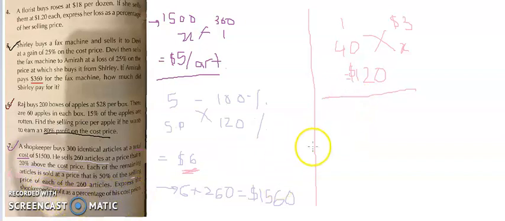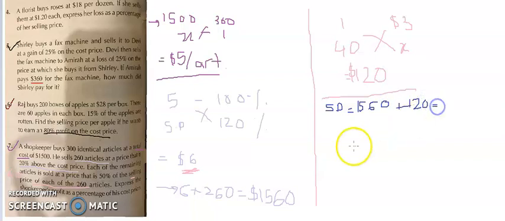Now his total selling price is $1,560 plus 120, which equals $1,680.